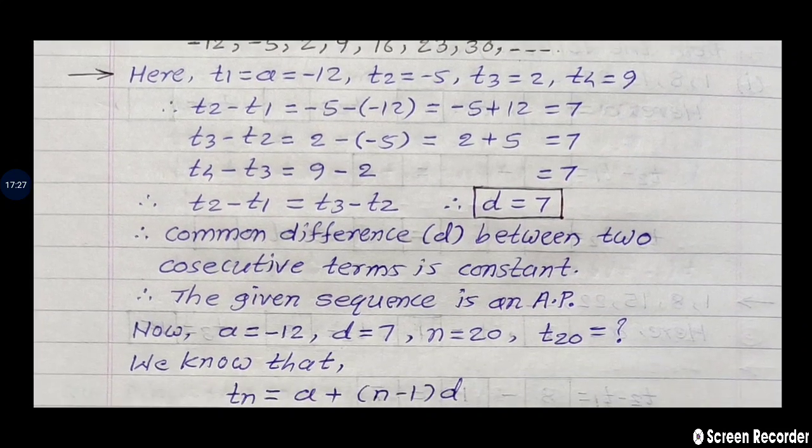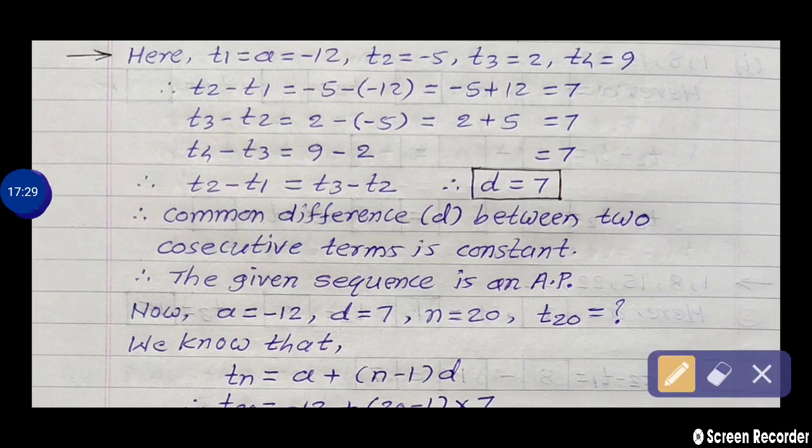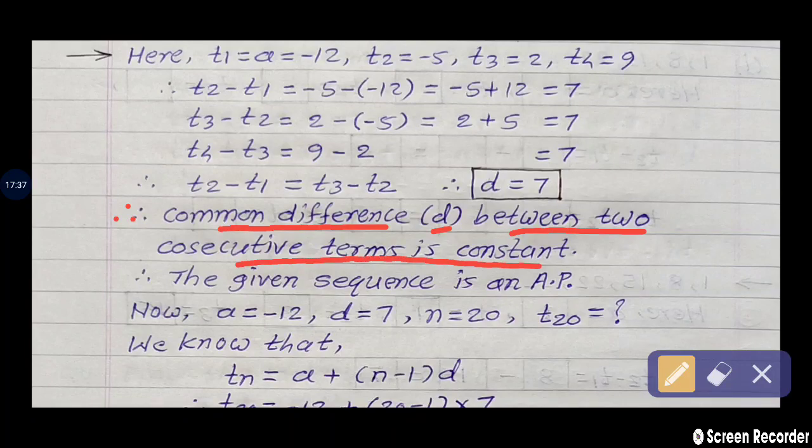So write the proper sentence in the next step. Therefore, the common difference D between two consecutive terms is a constant 7. The common difference D between two consecutive terms is constant, and therefore the given sequence is an AP.